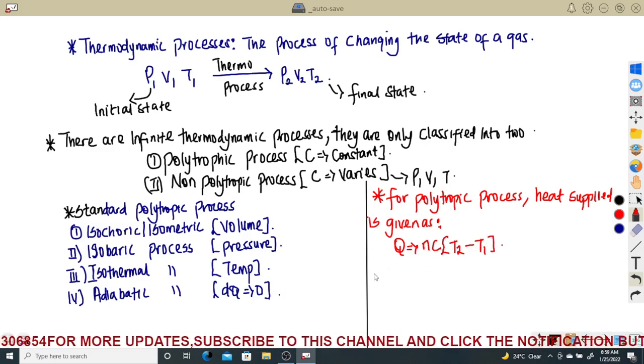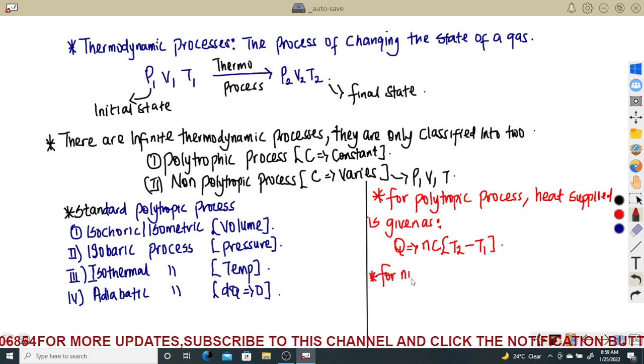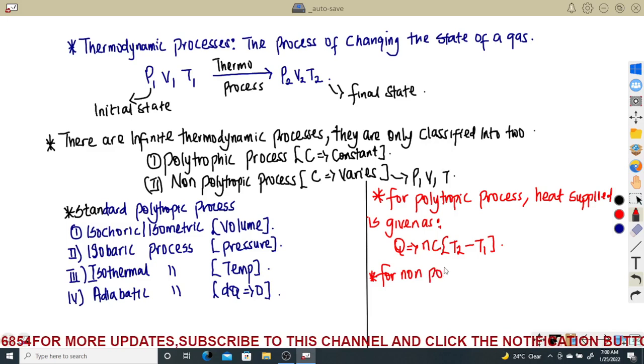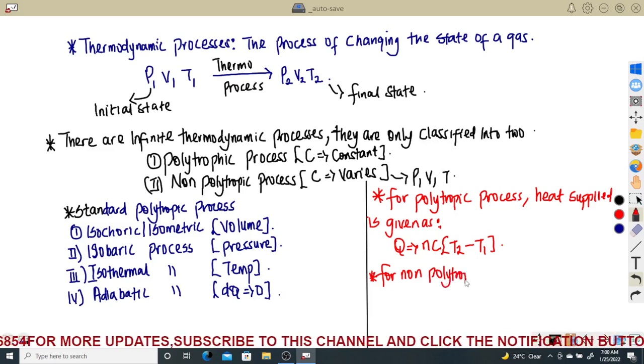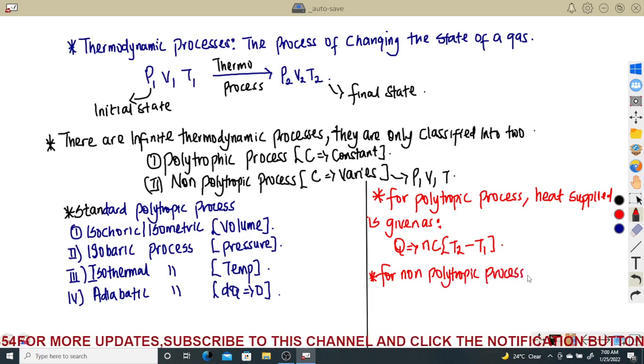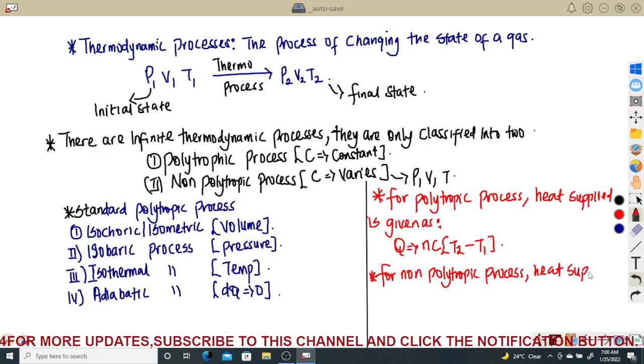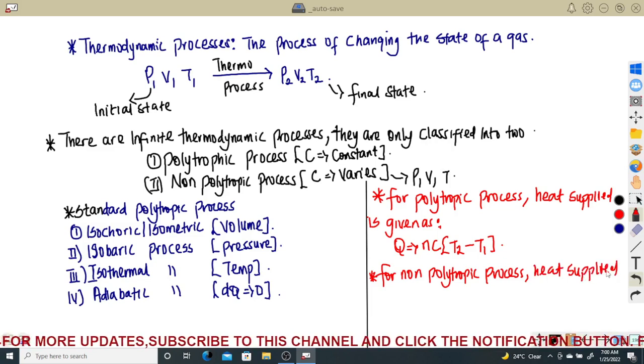But for non-polytropic process, the heat supplied, with variable value of C, is given by integration.